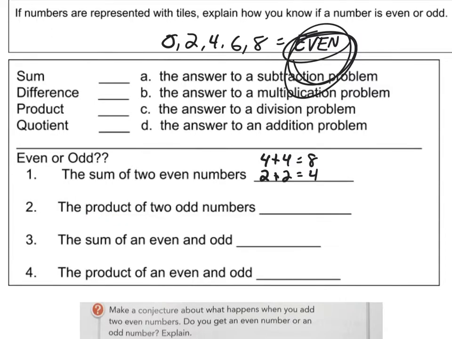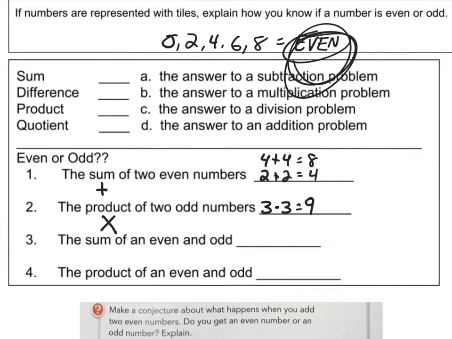All right, let's do product. Product means multiply, sum meant add. So the product of 2 odds. Well, let's do one. 3 times 3 equals 9. Well, 9 is not a 0, 2, 4, 6, or 8, so it probably has a chunk missing, and it's odd.